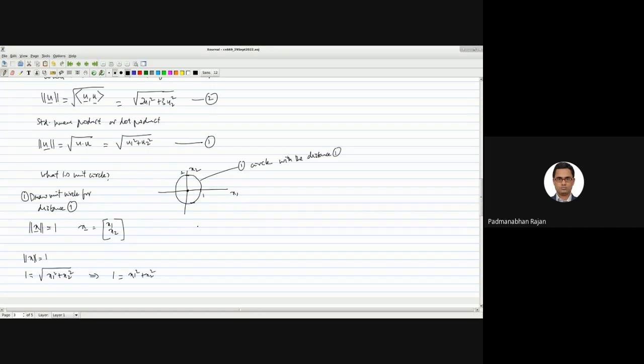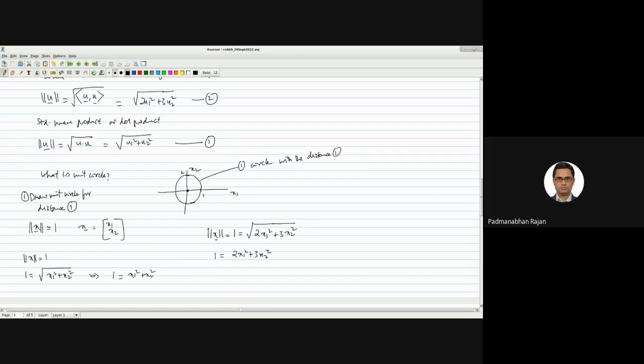So basically, in the second distance, your equation will be x equal to 1, which is equal to the root of 2x1 square plus 3x2 square. So 1 is equal to 2x1 square plus 3x2 square.